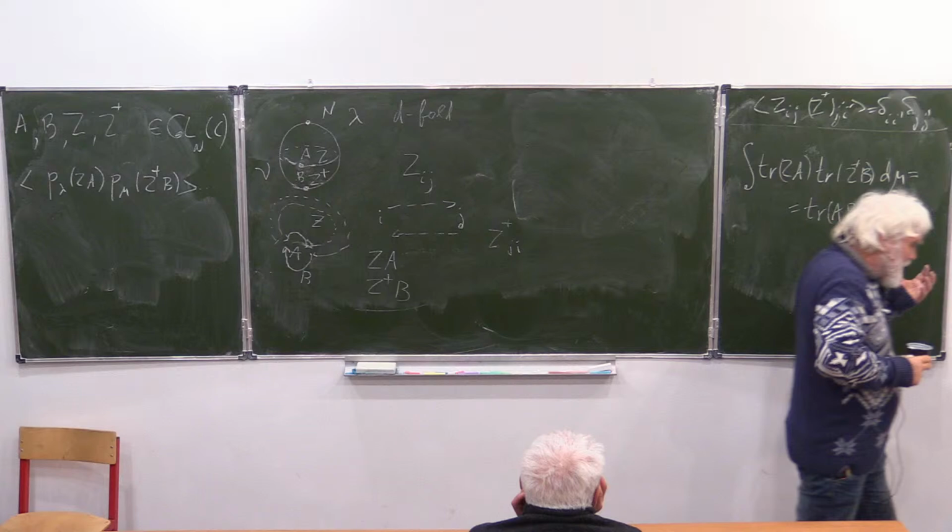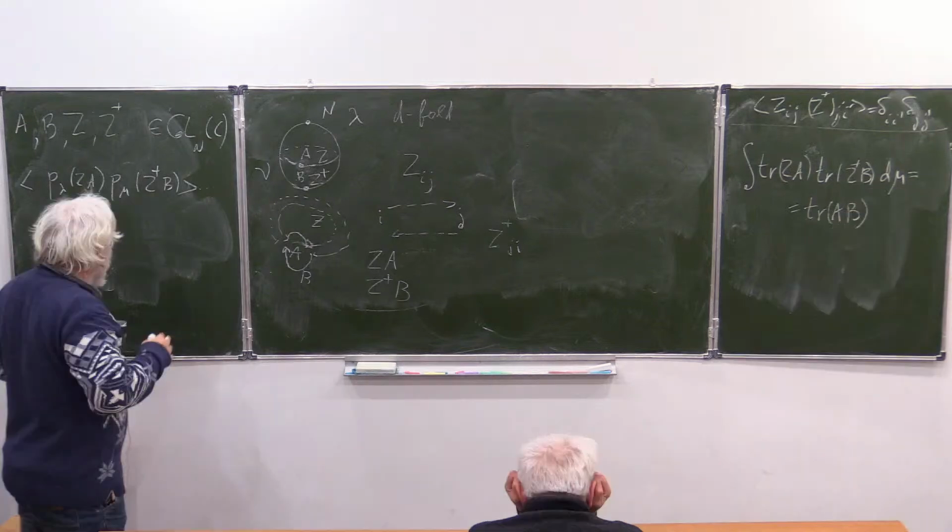If we consider this expectation with the same weight of lambda and mu, then it is non-vanishing. If we have more z than z dag, we have 0. So it is non-vanishing only for the same weight of lambda and mu.